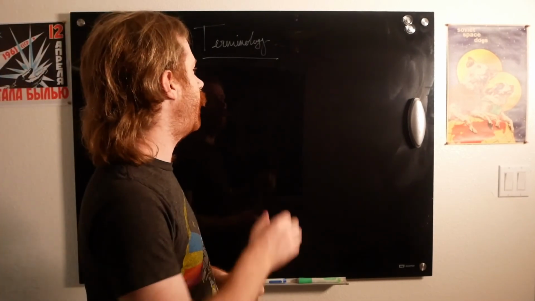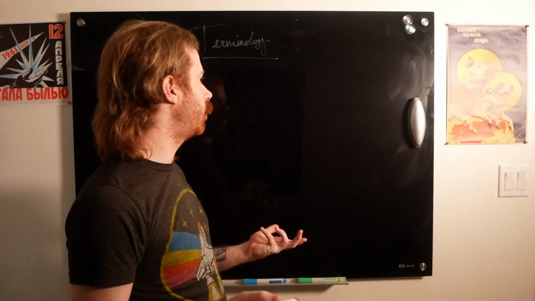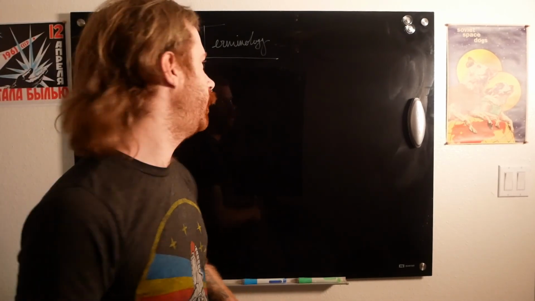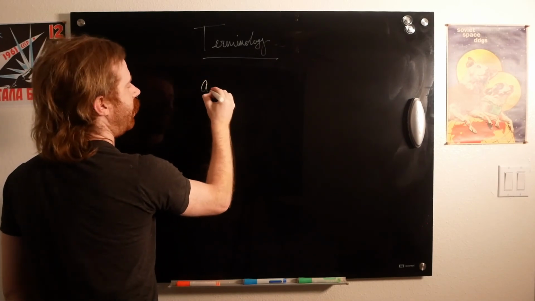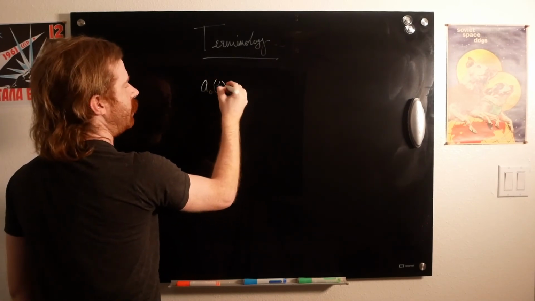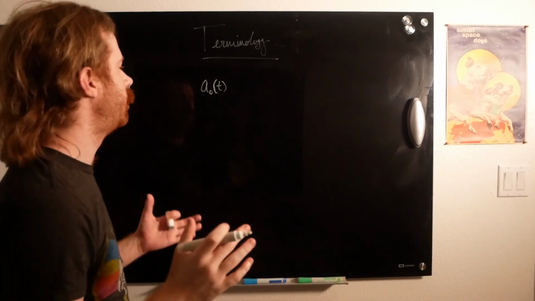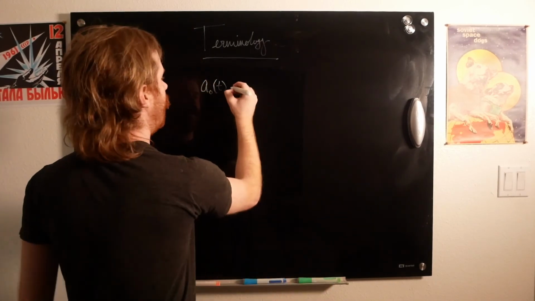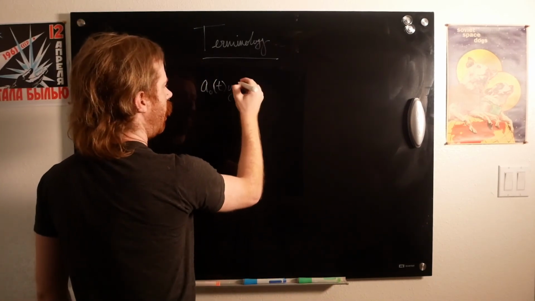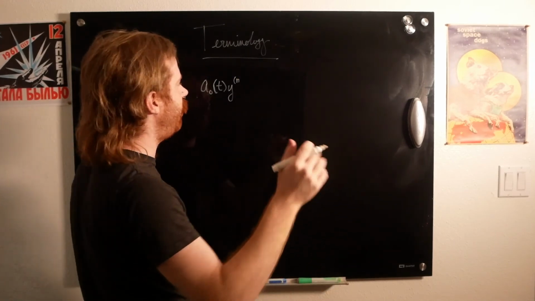So I'll go ahead and write out what an nth order linear equation would look like. What you would have is a sub 0 of t, some function that involves the variable t, multiplied by y to the power... This is not to the power, this is to the derivative.